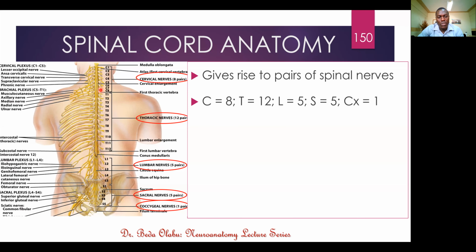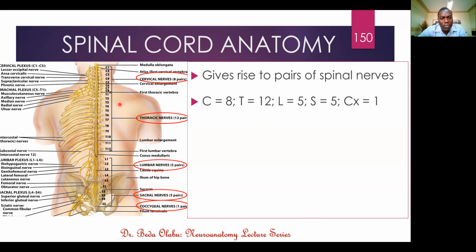Thoracic region has 12 pairs of spinal nerves named T1 to T12. Lumbar region has 5 pairs of spinal nerves named L1 to L5. Sacral region has 5 pairs of spinal nerves named S1 to S5, and coccygeal region has only 1 pair of spinal nerves.